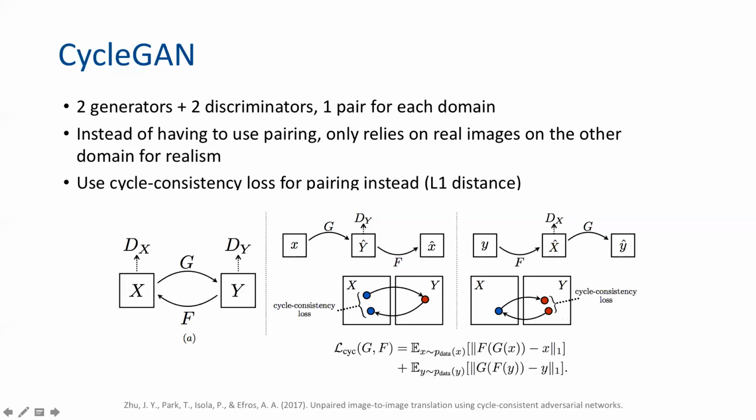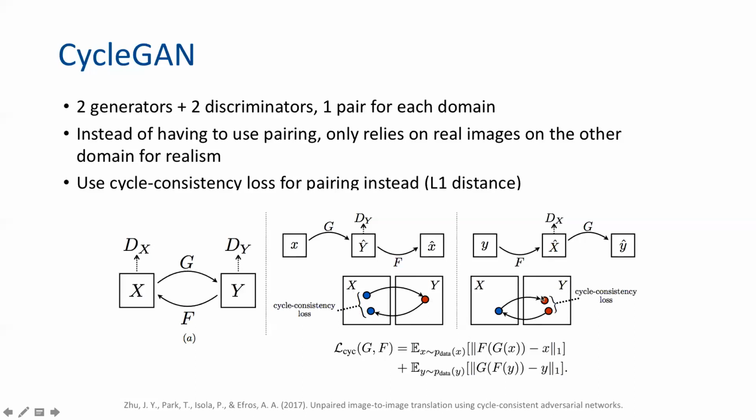And similarly, in the other domain, we start with some particular image of, say, a painting, transform it into the X domain, which is the real image domain, and then transform it back again with the other conditional GAN. So now we get, again, two images in Y, and we can directly compare their losses.